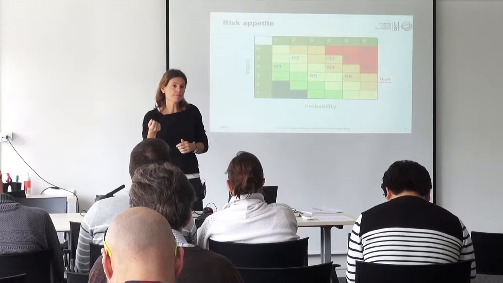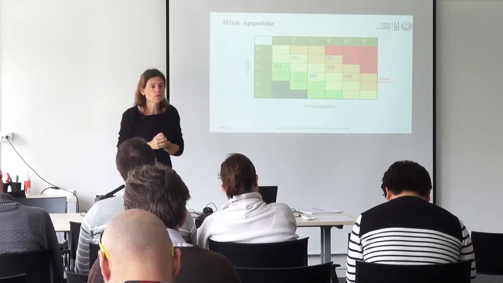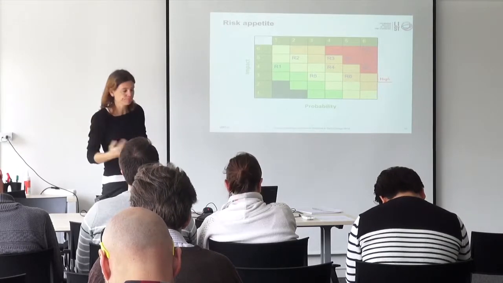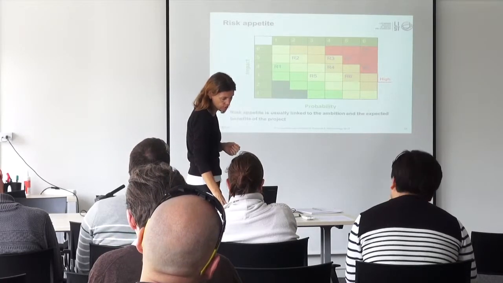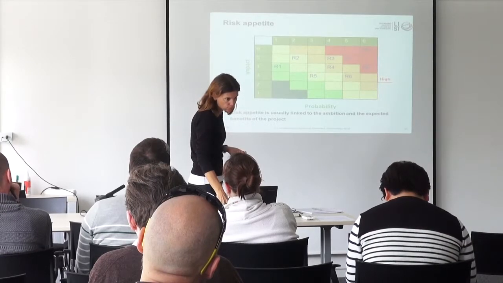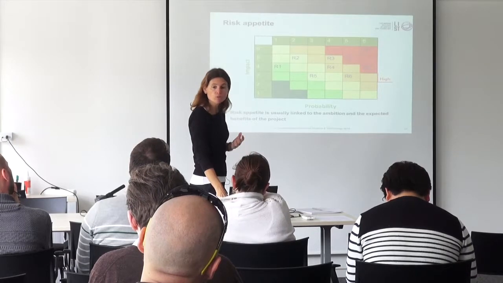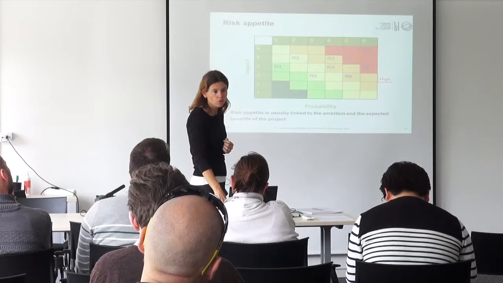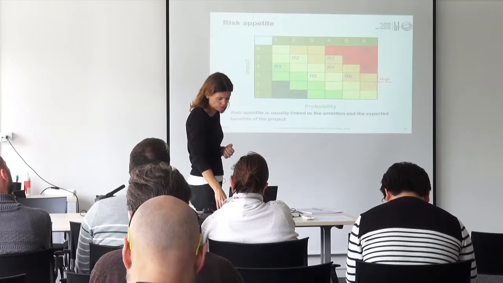So being able to identify that appetite, and the level when I need to focus on the risks and the level when I can drop them or not consider them, if you can do that, you spend less time working on some risks that are not important, and you do report whenever it's necessary.